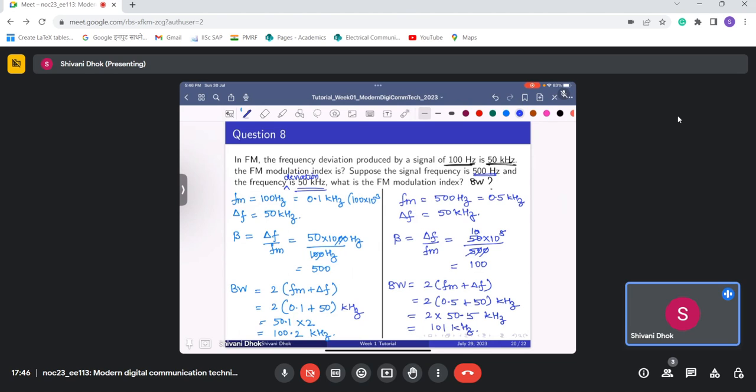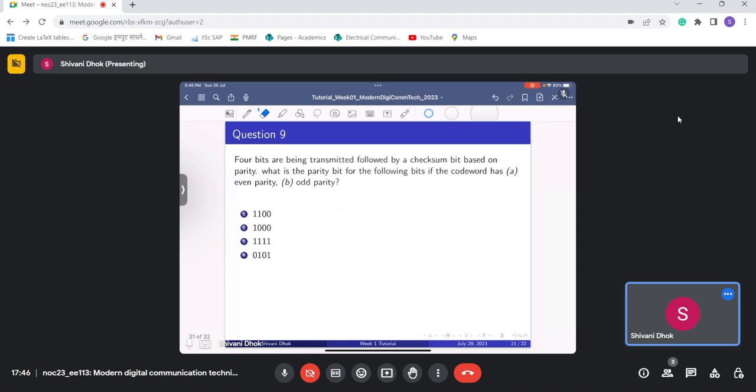If not, then we'll look at some new concepts which will be helpful in understanding source codes, which we'll be covering in the upcoming lectures. Okay, so we have been given the following question, that is 4 bits are being transmitted followed by a checksum bit based on parity.